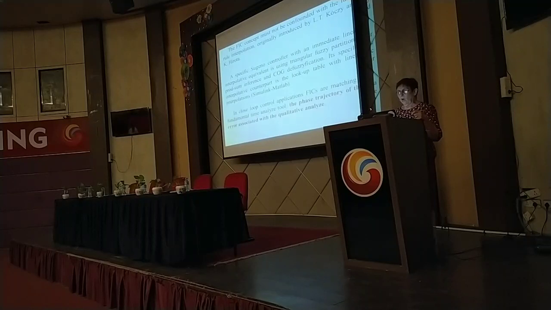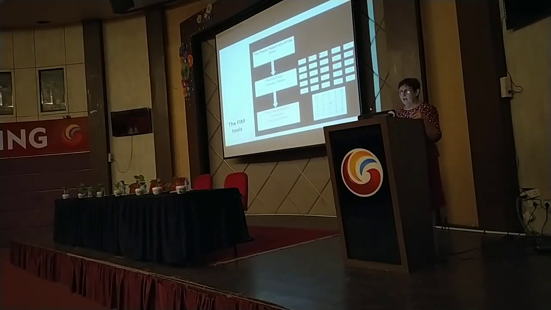In closed loop control applications, fuzzy interpolative controllers match a fundamental time analysis tool, the phase trajectory of the error, associated with qualitative analysis. Here is this tool. Unfortunately, the phase trajectory of the error cannot be seen here, but it is the same as here. Having a graphic with the error and the derivative of the error, we look at how the error goes to 0.